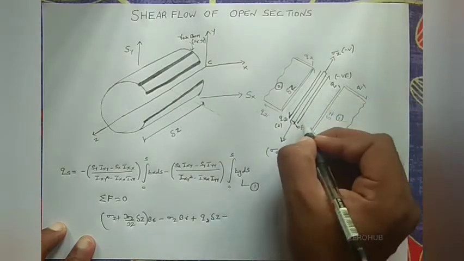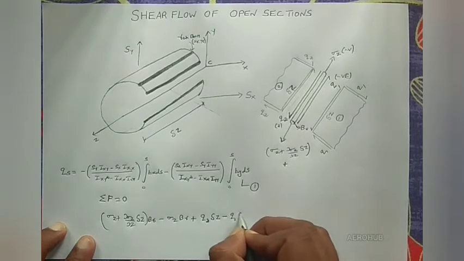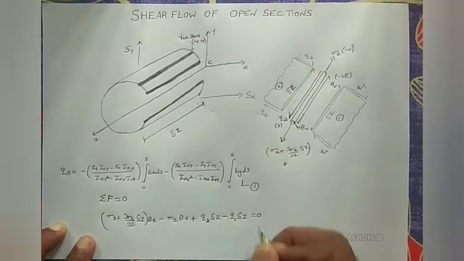Similarly, in this direction, negative Q1 into delta z gives the shear force, and this summation should be equal to 0.